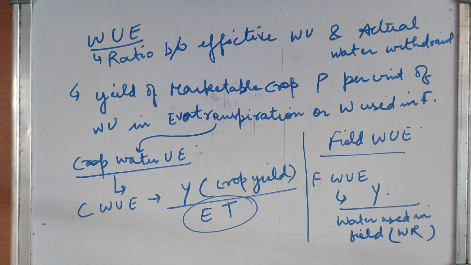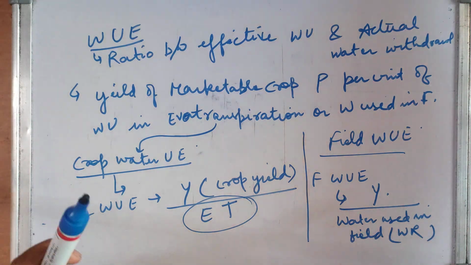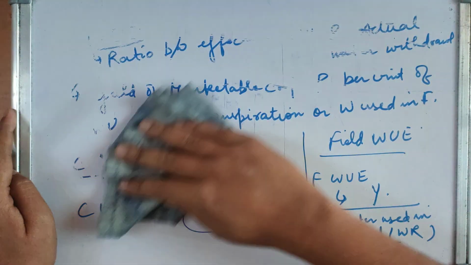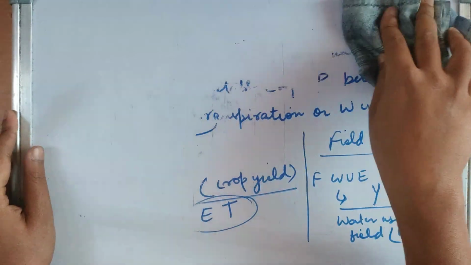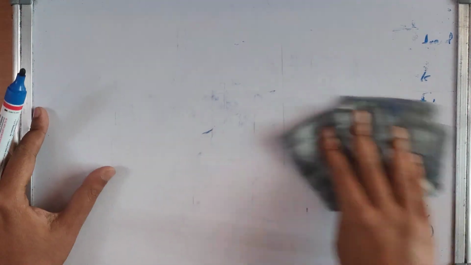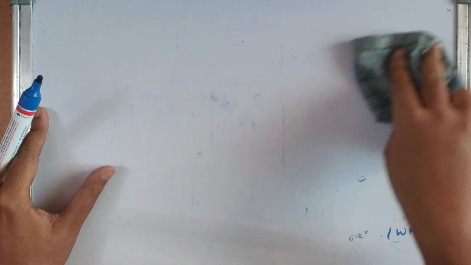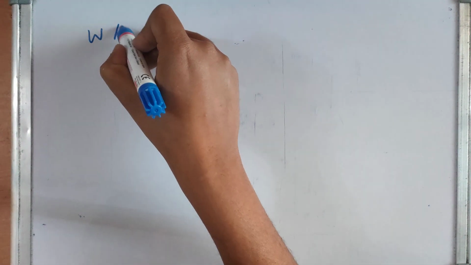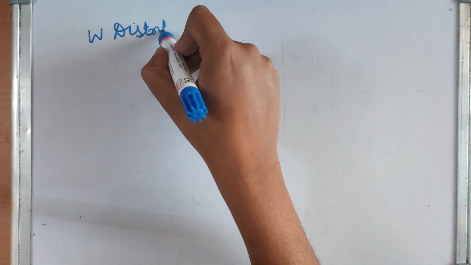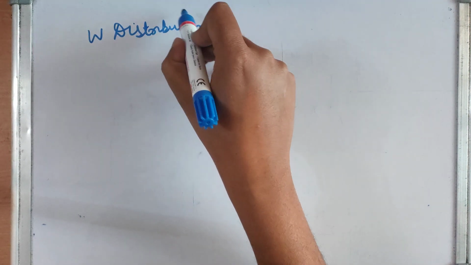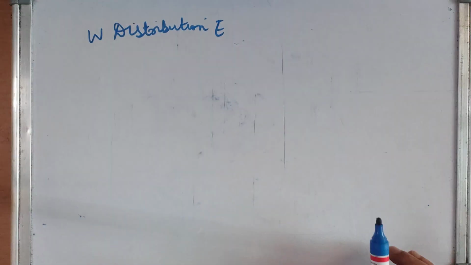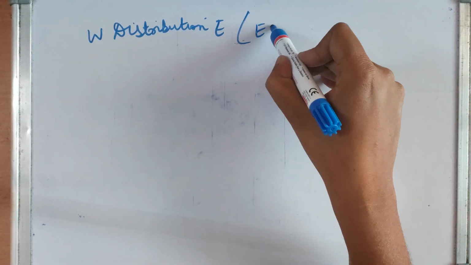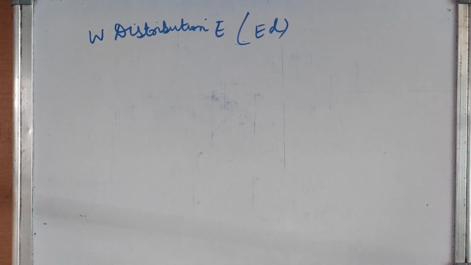Now moving on, what is water distribution efficiency? In previous years they asked both the terms, so I must explain both. Water distribution efficiency is also denoted as ED, efficiency of distribution.